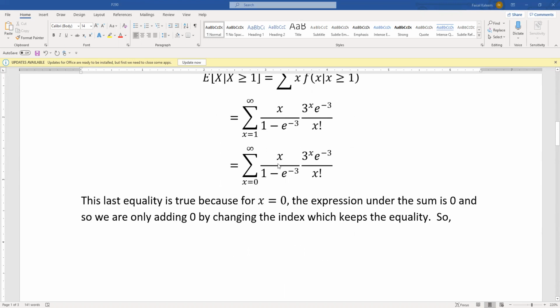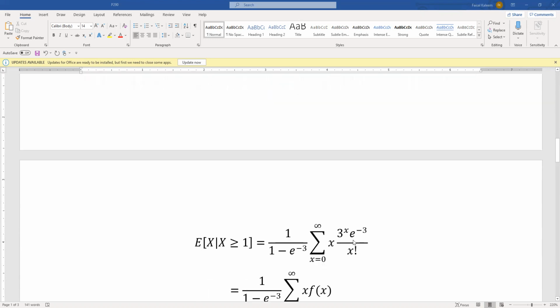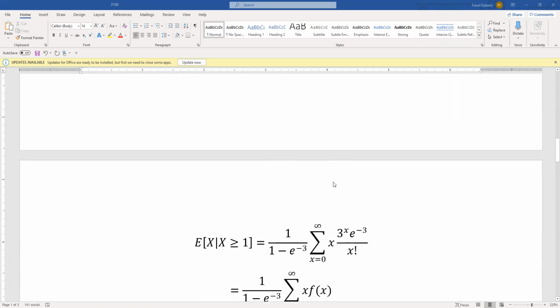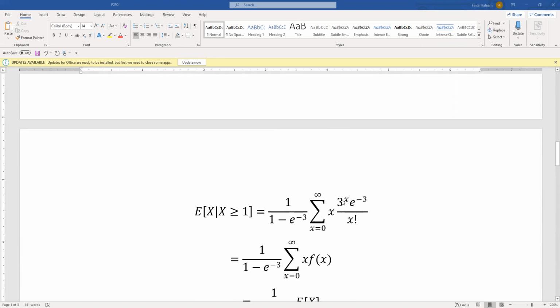So now we are in a good position because the summation starts from our familiar x equals 0 to infinity. And now 1 over 1 minus e^(-3) is a constant which can be pulled out, and you're left with x times 3^x e^(-3) over x factorial. Now this 3^x e^(-3) over x factorial is just f(x).